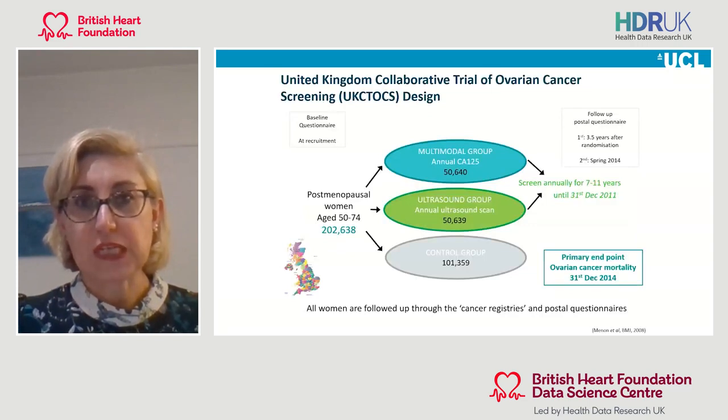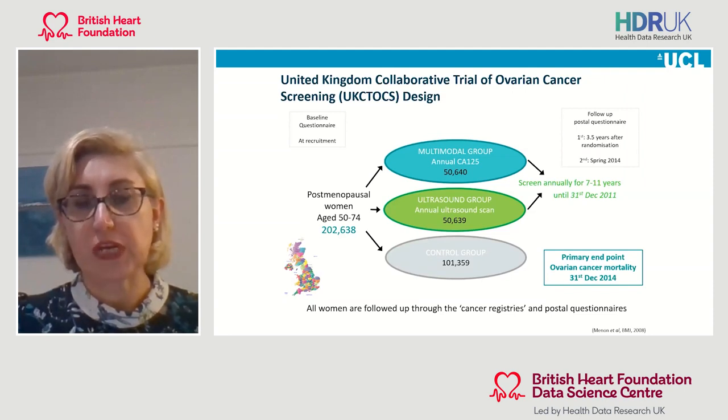So UKCTOCS, or the United Kingdom Collaborative Trial of Ovarian Cancer Screening, was a randomized controlled trial of 202,000 participants, half of whom were randomized to the control arm, and the other half either to screening with annual CA125, interpreted using the risk of ovarian cancer algorithm, the multimodal group, or transvaginal ultrasound in the ultrasound group.